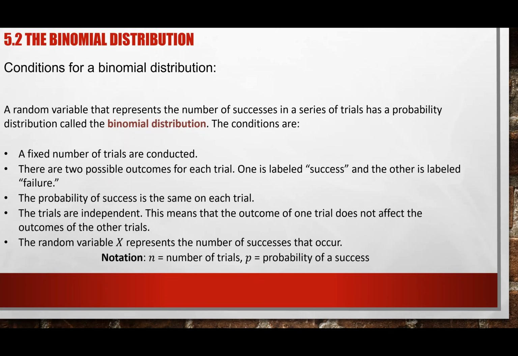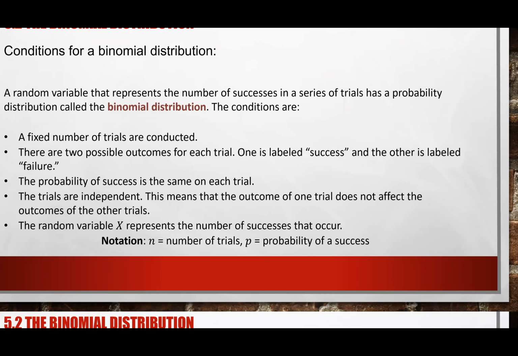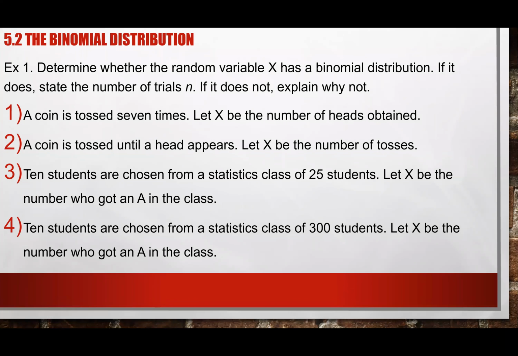But let's take a look at the first example, in terms of how we can determine, if I give you these items, whether they qualify as a binomial distribution or not. If you look at number one and number two, they are very similar, right? Number one says we have a coin, a head or a tail. We toss this coin up in the air 7 times. Let X be the number of heads we obtain, right?